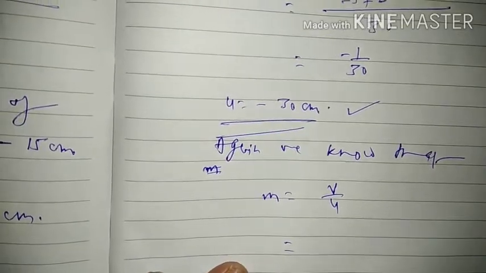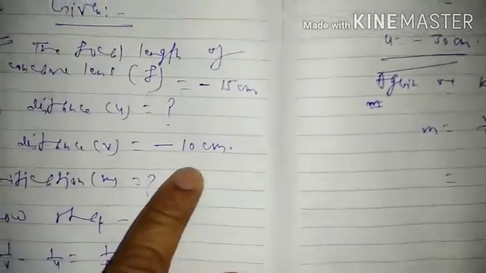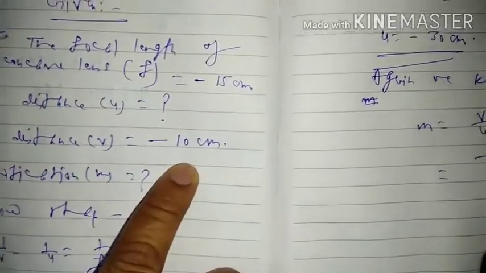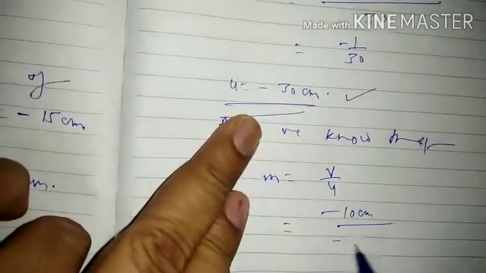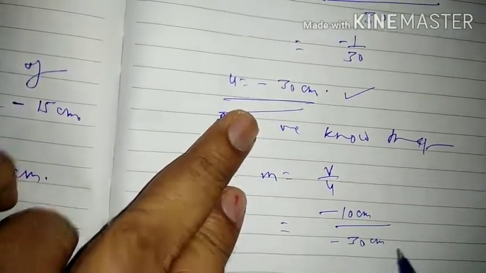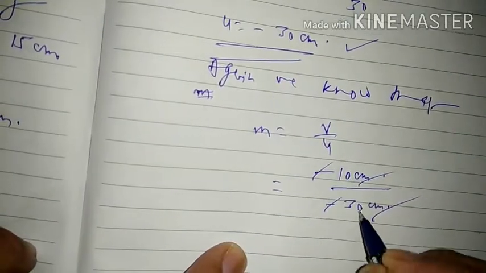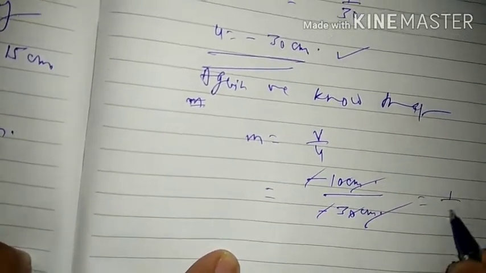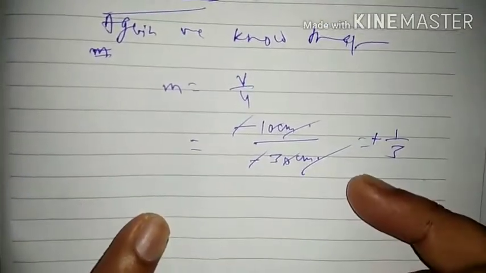This is equal to, what is the value of v? The value of v is here minus 30 centimeter, divided by u, that is minus 30 centimeter. Centimeter cancels, minus cancels, 0 cancels. This is equal to 1 by 3. And here this is a positive sign.